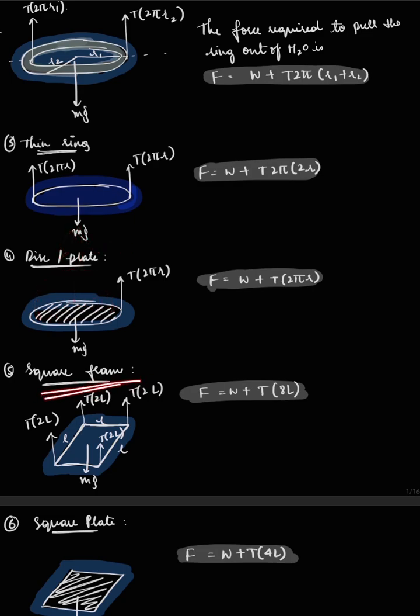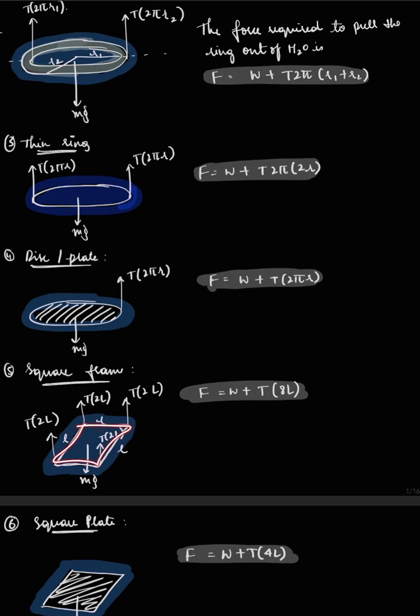Next, a square frame. For a square frame, we know it is length L, same length, downward mg. Now tension is being acted on four sides downward when force is being applied to remove the square frame.